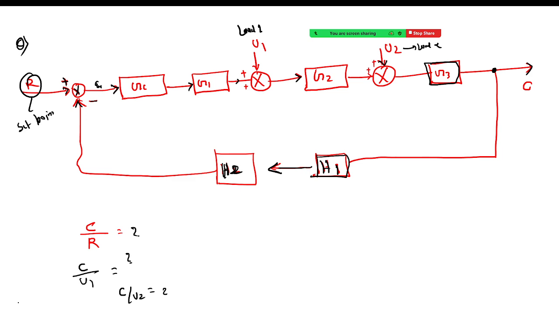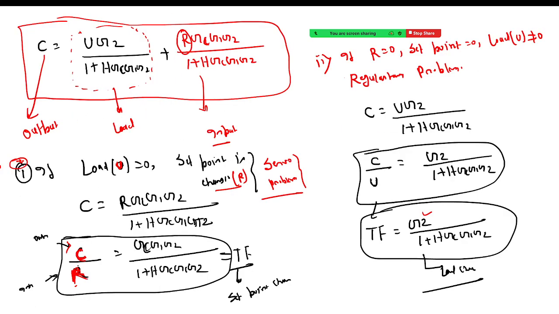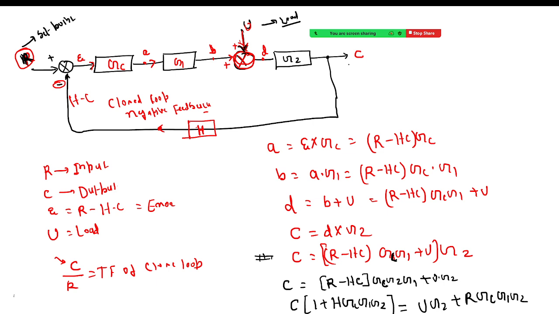So how can I solve? Here you see what C by R is. C by R is the multiplication of all the forward path divided by 1 plus the multiplication of all the loop, right? That's what the case is.